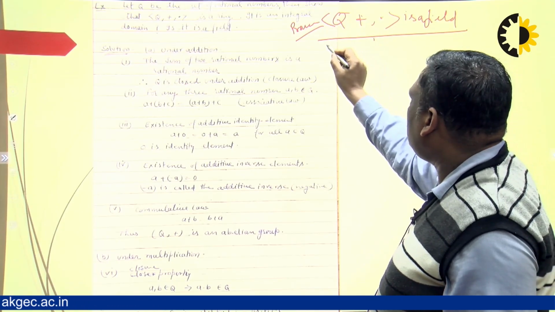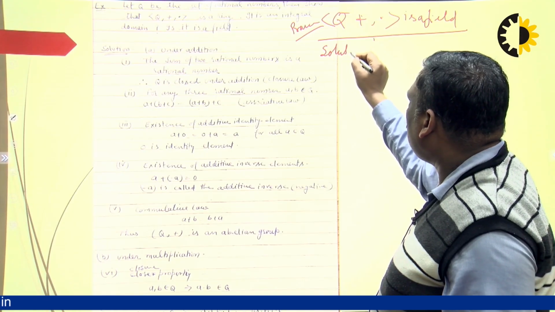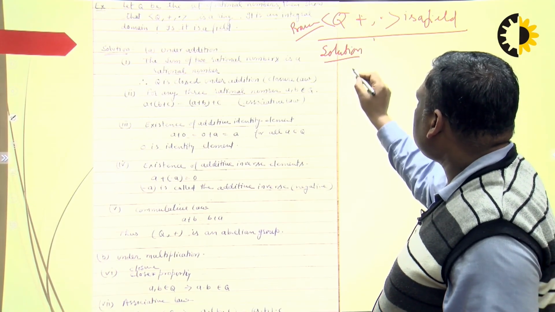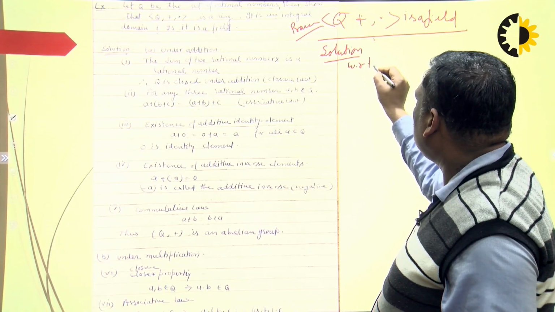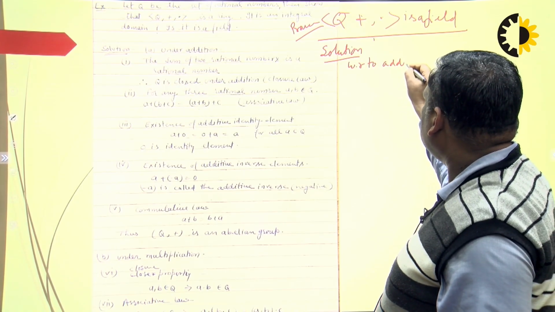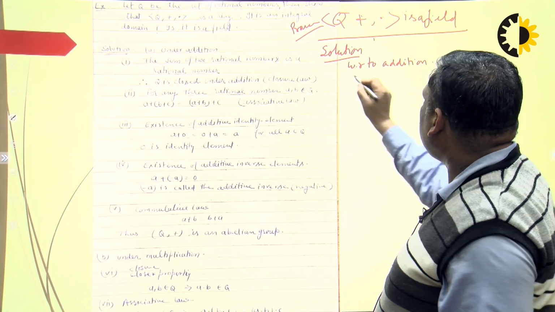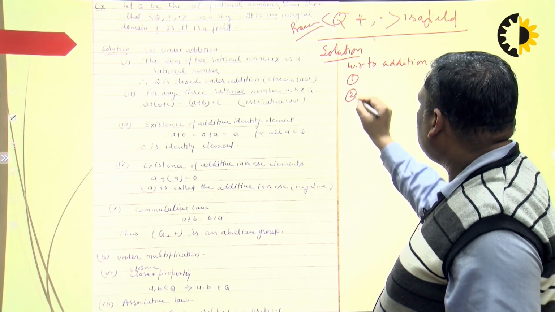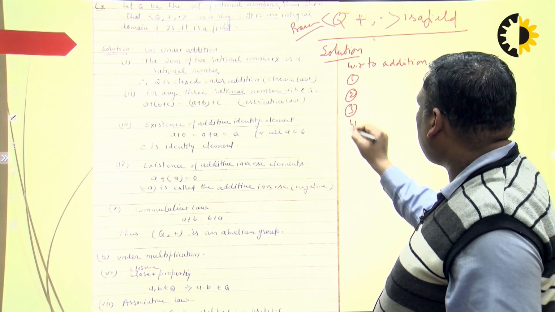When we write the solution of this numerical, at first with respect to addition, we check the 5 properties.